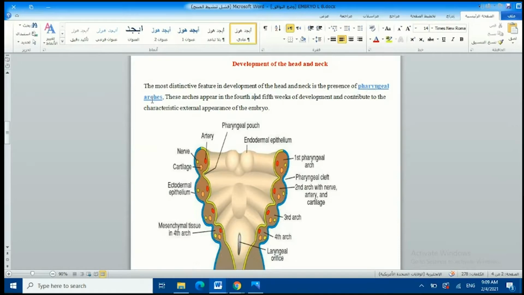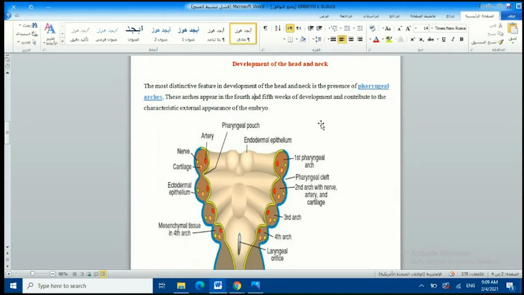So the arch appears in the fourth and fifth weeks of development. That means at the end of the first month of the pregnancy. This structure will contribute to the characteristic external appearance of the embryo.